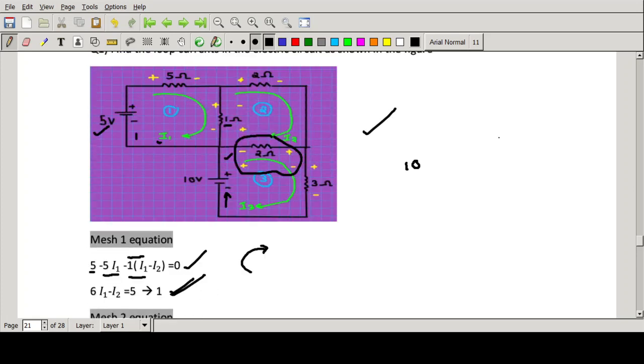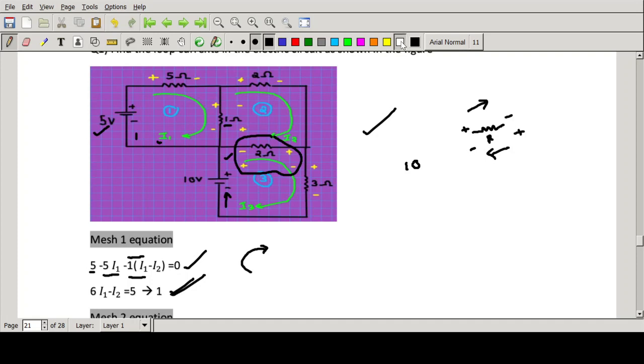You may be confused only in the places where there is a resistance with two currents flowing, where you have to take the voltage drop across the resistance due to these two currents in the correct way. That is, here it is plus minus and here it is minus plus. It depends on how you are moving.